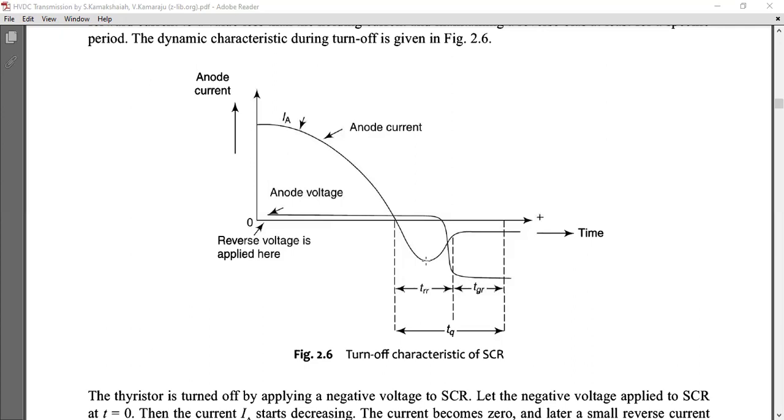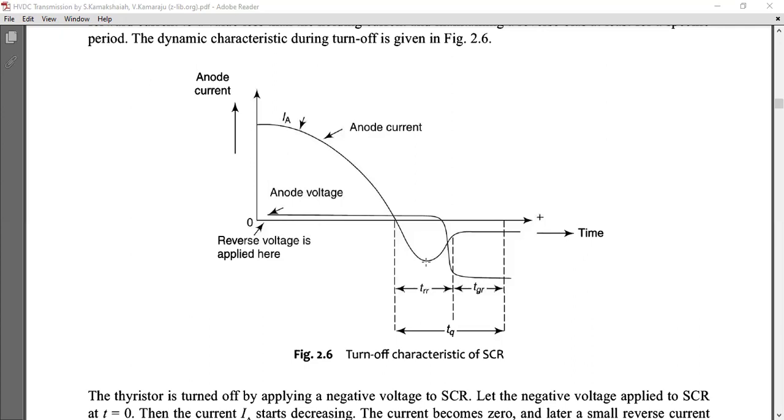Even after this time, the turn off of the thyristor is not completely over. The junctions J1 and J3 have recovered during TRR, and the junction J2 has trapped charge. That means this junction still has some charge trapped in it.